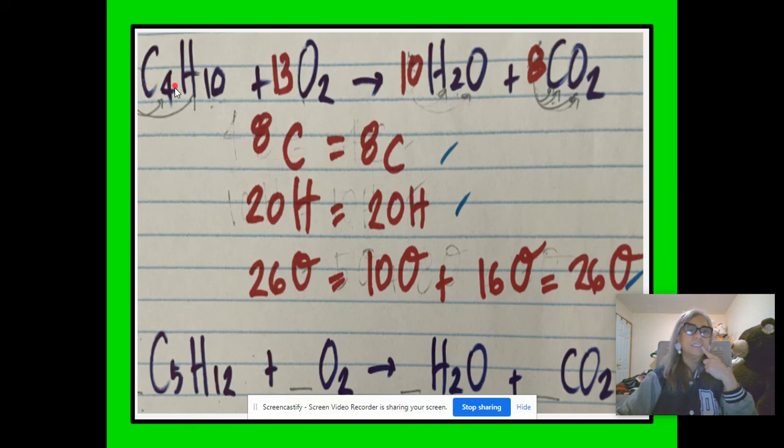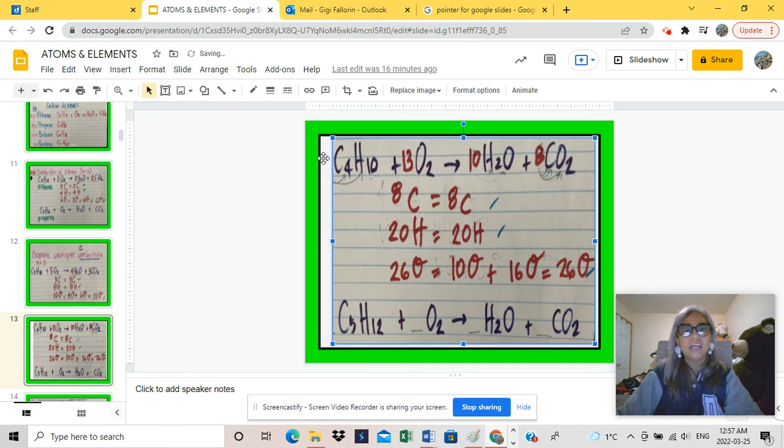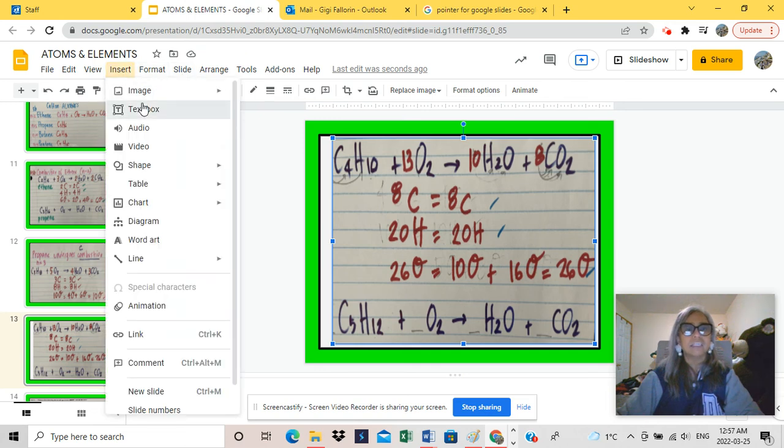So maybe this was not caught when I placed the number here. But if I want here to be 8, what should be before this one? Let me see if I have it correctly written. Let me just add in a number here. Insert a text box here.